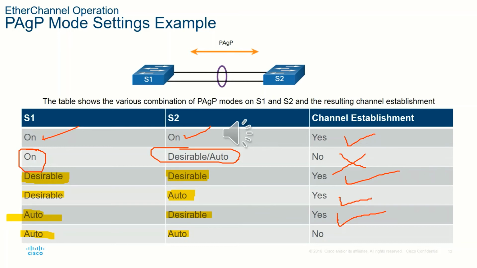It will not initiate the connection, or it will not send the PAGP packets to initiate the EtherChannel formation. So in this state, both switches will be in the passive negotiation state. So no switch will send the PAGP packets. Because of this reason, no EtherChannel will be established between these two switches.